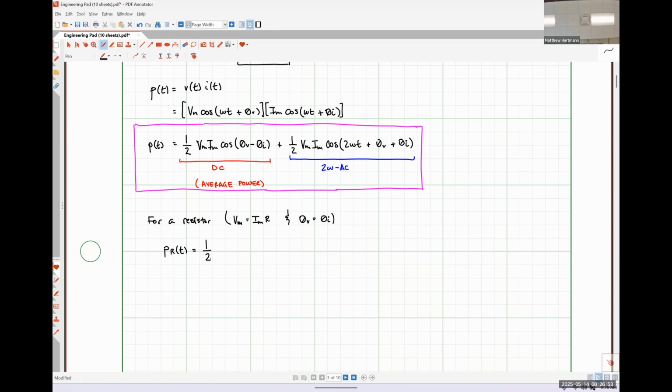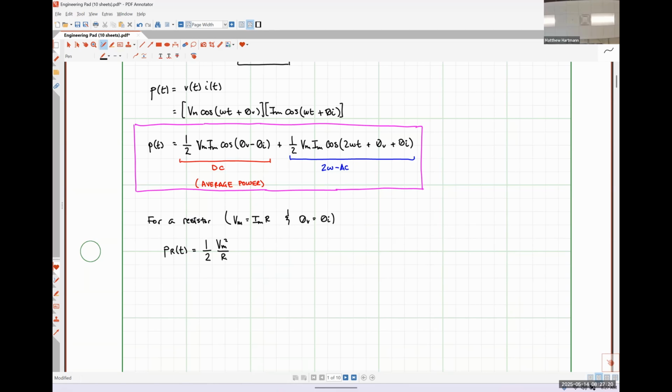IM could be expressed as VM over R, so that gives me VM times VM over R, or simply VM squared over R. That should look kind of familiar. In a DC system, the power absorbed by a resistor was just V squared over R, so it's effectively the same thing there. Then I'm going to have that cosine of theta V minus theta I.